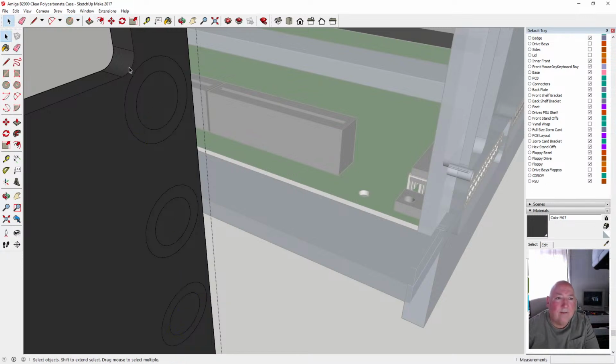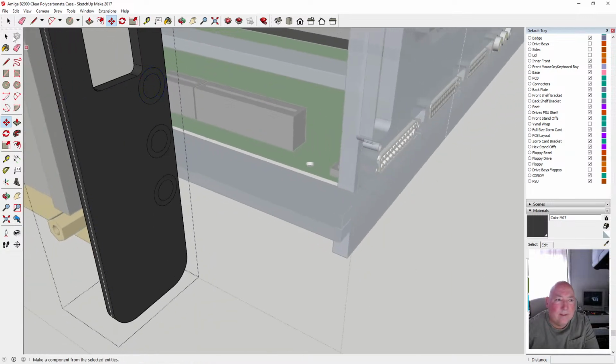And we need to just grab them and push them in. No, it's not part of the... Need to make it all part of the... Gosh, don't want that.